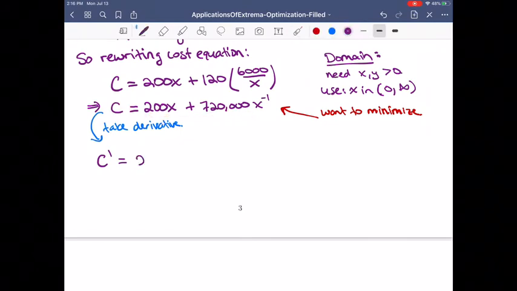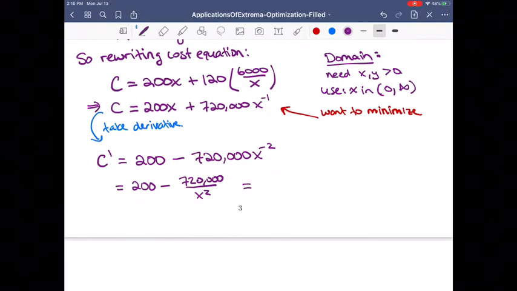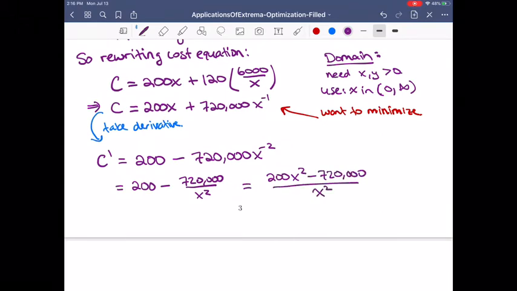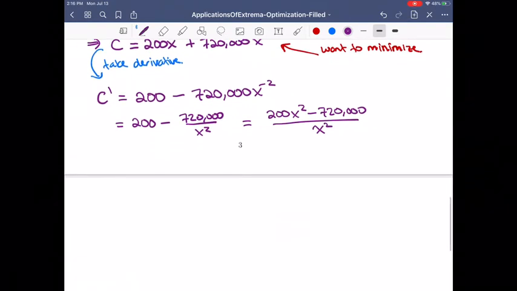C prime is going to be 200 minus 72,000 x to the minus 2, which is 200 minus 72,000 divided by x squared, which we could write, with a common denominator, as 200x squared minus 72,000 all over x squared. So that's our derivative.